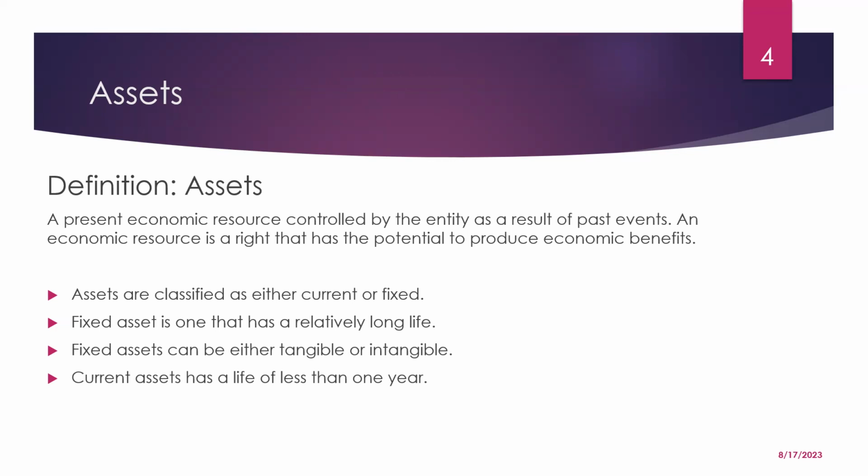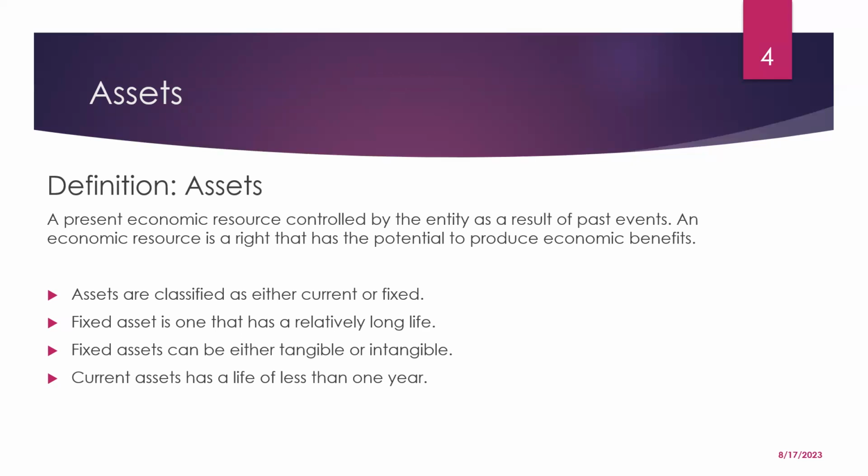If I take an example, let's say you're talking about land. You are giving that land for a car sale, and you bought that land at a previous date by paying some amount of money.